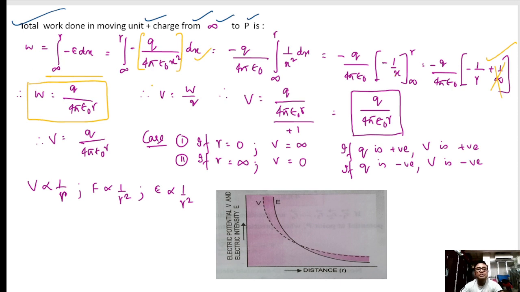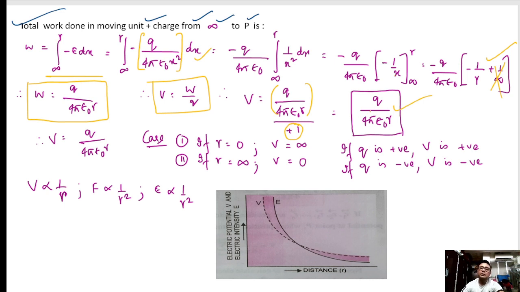So what is potential? Potential is work done by charge. So this is the work done by the unit positive charge. So this is the potential at a distance R due to the unit positive charge.